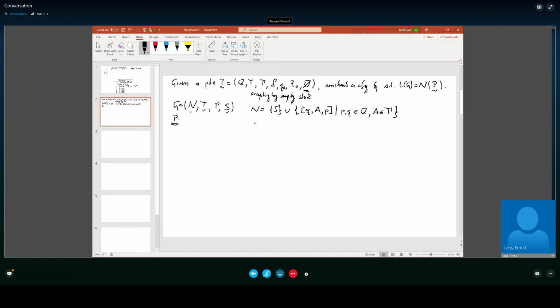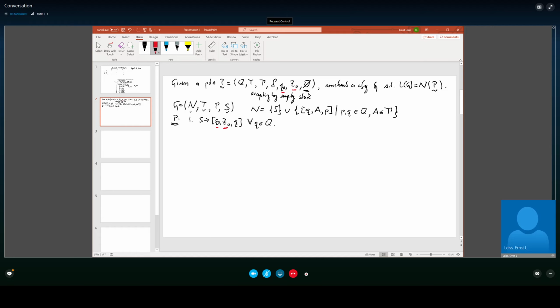So there are two rules. The first one is a simple rule. We have S goes to [Q0, Z0, Q] for all Q in capital Q. So what is important here is that this Q0 is that Q0, and this Z0 is that Z0.